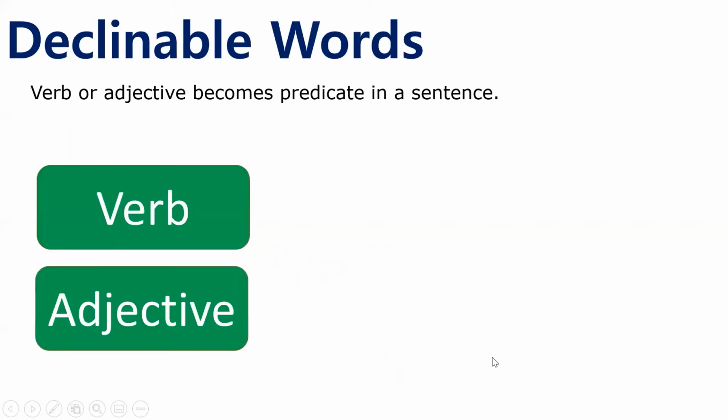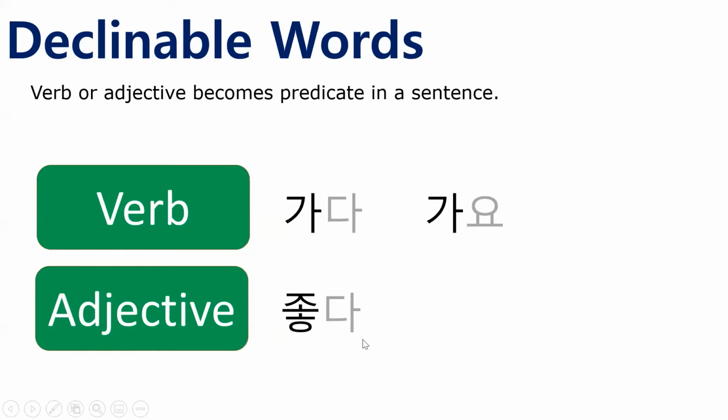And declinable words, we have two, the verb and adjective. They are called declinable words because they change form. So they conjugate, we call it conjugation. So verb or adjective, they have a dictionary form, like this, 가다 or 좋다. 가다 means to go, and 좋다 is to be good. But actually, when you are speaking, you don't use this dictionary form, but politely you say 가요.